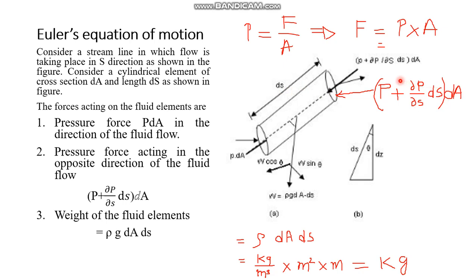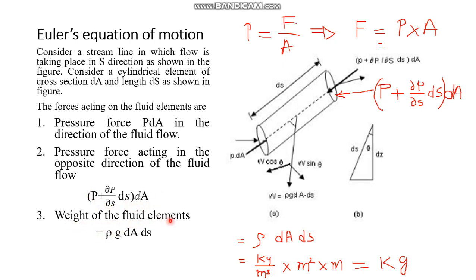That is, P plus dou P by dou S into ds is the pressure at this point. Multiplied by the cross-sectional area dA, it will give you the pressure force which is acting on that particular face.